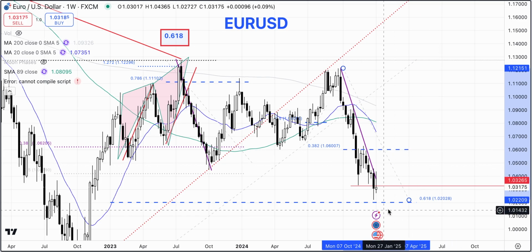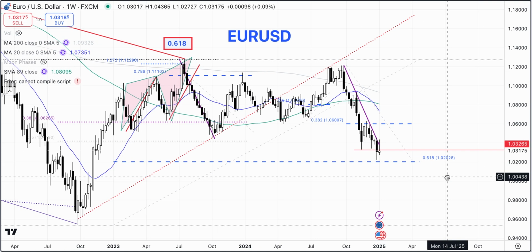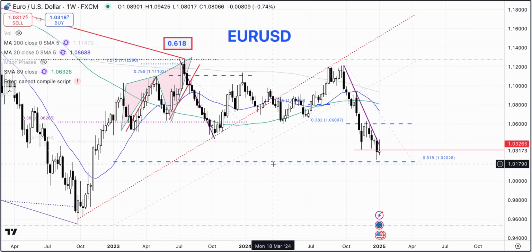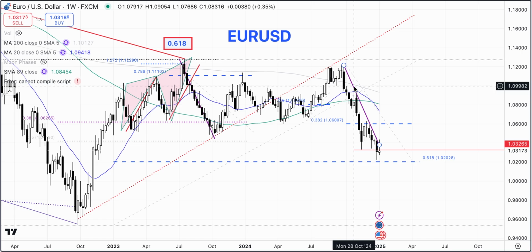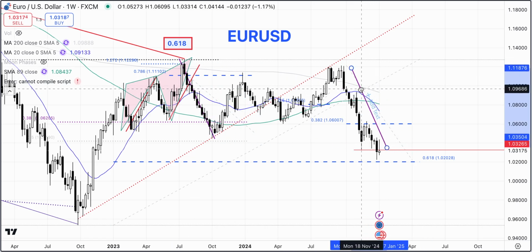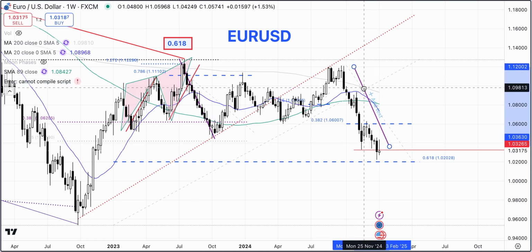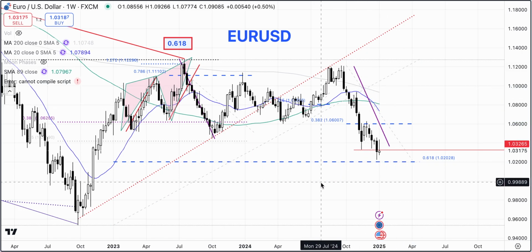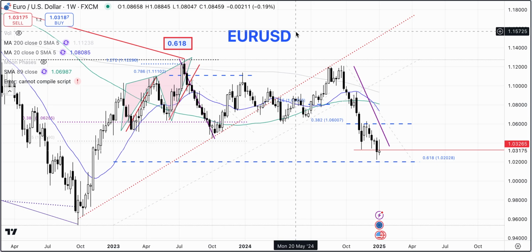Okay, now it's approaching the 61.8% retracement of these lows from the end of September 2022, so it goes back quite a while. And from a symmetry perspective, the move has actually exceeded a little bit, but it's also approaching the 61.8% retracement.